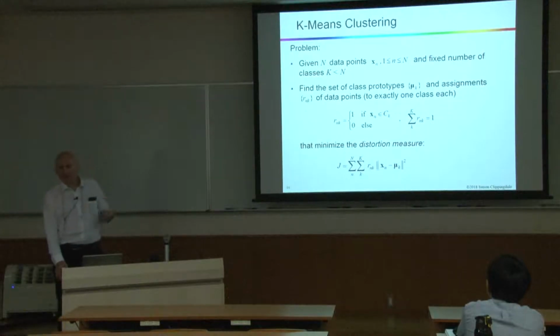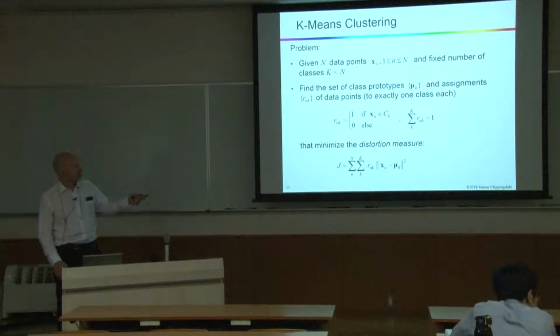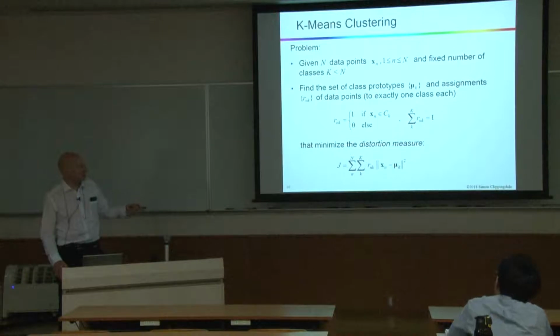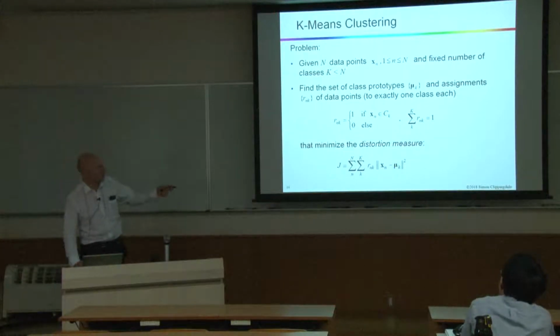And we need to find those class means and the assignments of points to clusters in such a way as to minimize this distortion measure here, which is the squared distance between each point and the class that it's assigned to, summed over all the points.